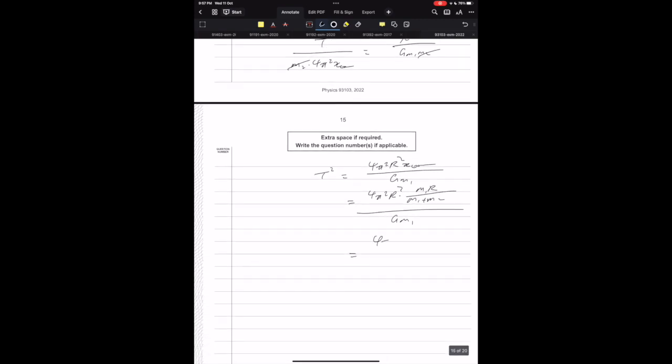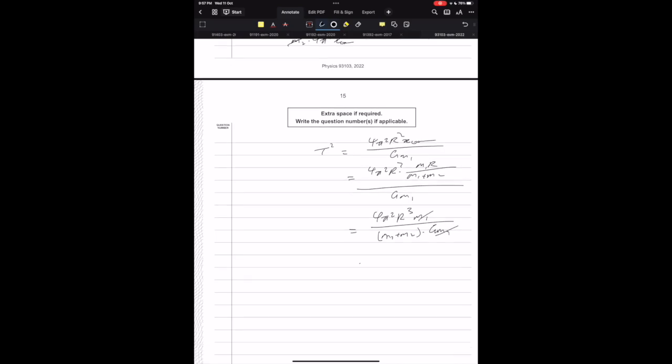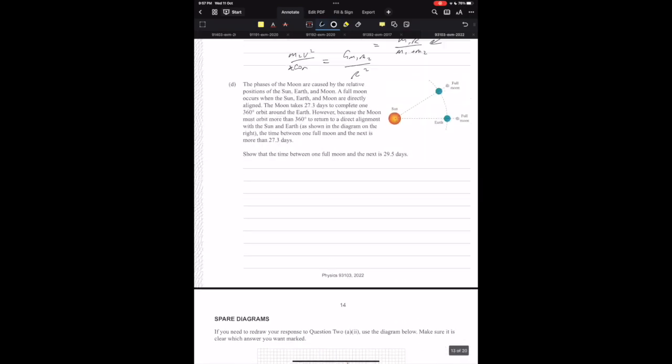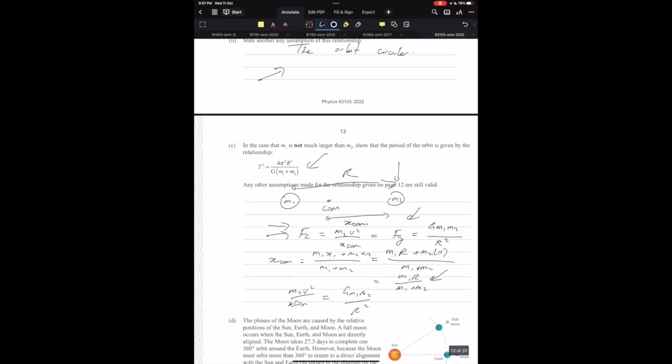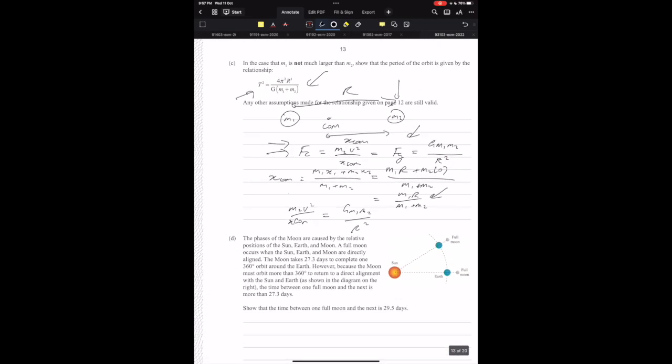So 4 pi squared, and then this would be r cubed now, and then m1. And then we put the m1 plus m2 at the bottom because it's being divided. So m1 plus m2. And don't forget the G m1 at the bottom. And we find that these two m1s cancel. So we just get 4 pi squared r cubed over G times m1 plus m2. And if we check up here, it is the exact same equation. And so we have successfully derived it.